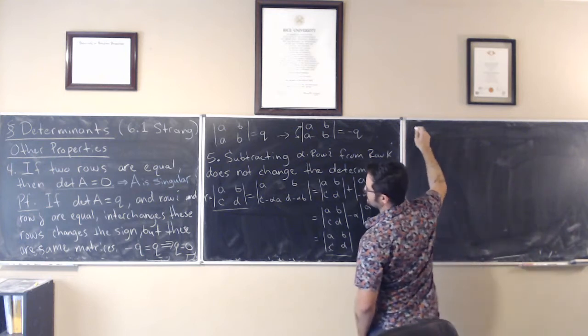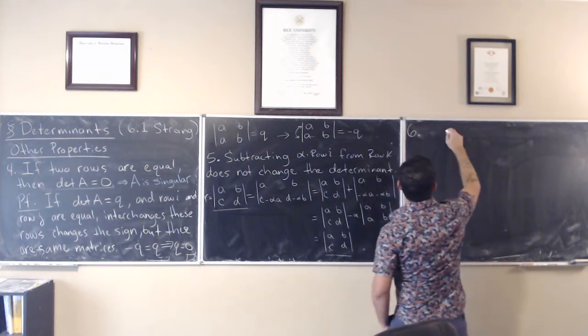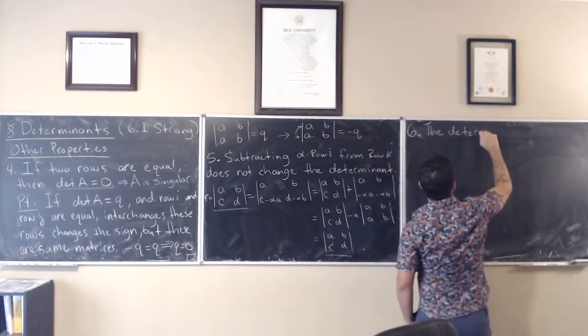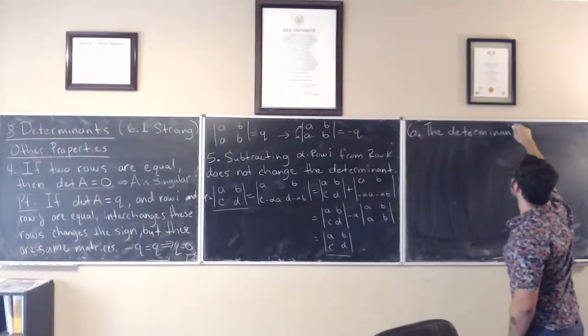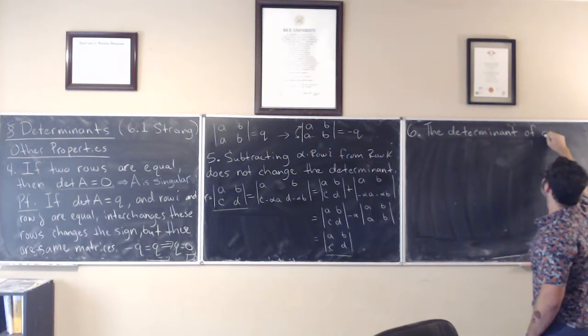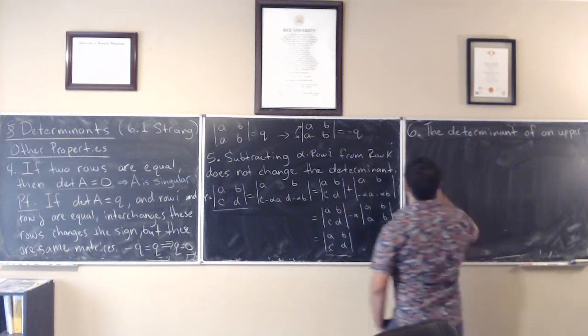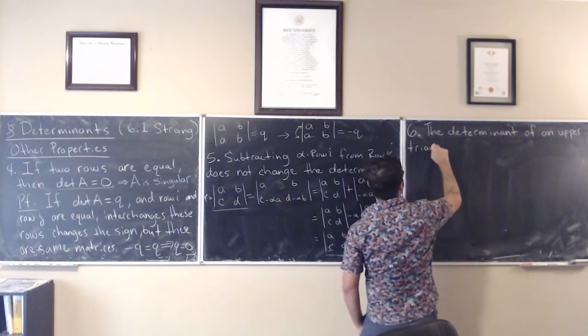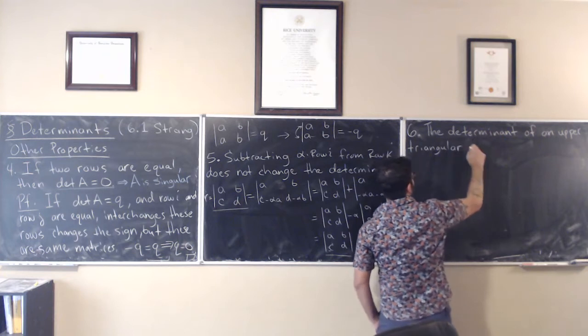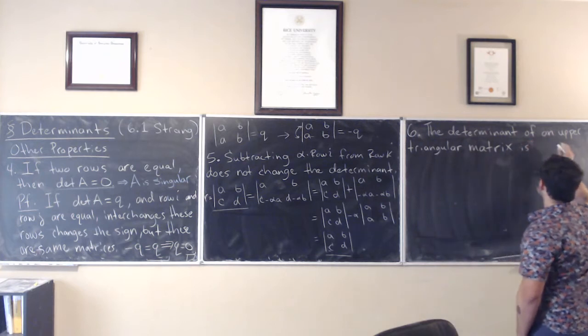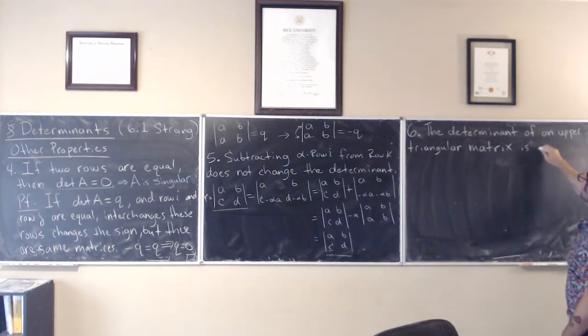So this is what, rule 6. The determinant of an upper triangular matrix is, say, what did I use for my notation?